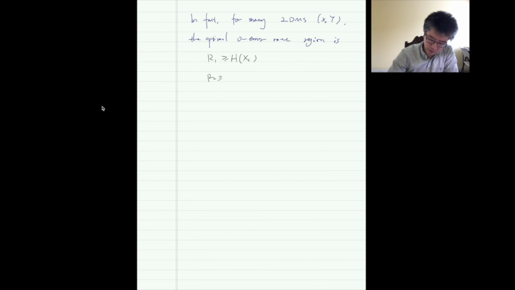In fact, for many 2-DMS (X, Y), the optimal zero-error rate region is indeed R1 bigger than or equal to H(X) and R2 bigger than or equal to the entropy of Y. So this will not hold in general for the zero-error case. That's important to notice.